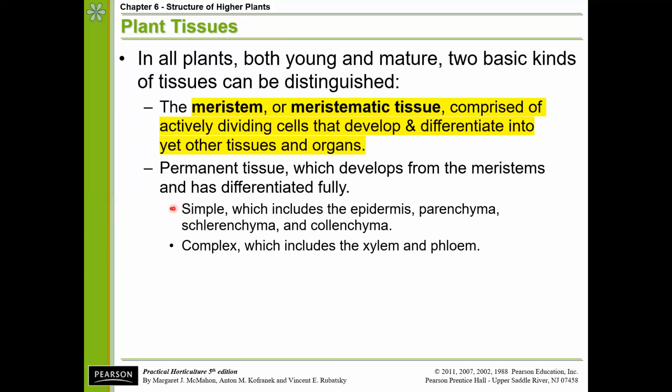So those are simple tissues, and then we have complex tissues, which we'll boil down into the basic xylem and phloem. We'll talk about those in more detail later, but for now, just think of xylem as transporting mostly water and phloem as transporting mostly food. They're tubes that basically go all the way from the roots to the leaves, and are connecting cells throughout.